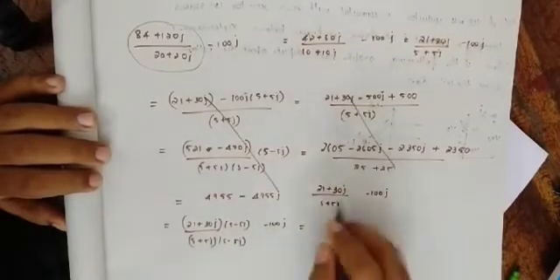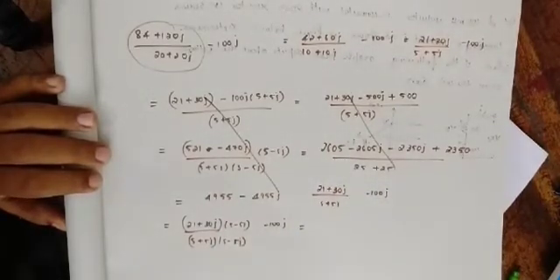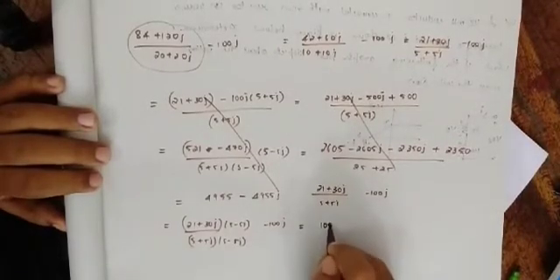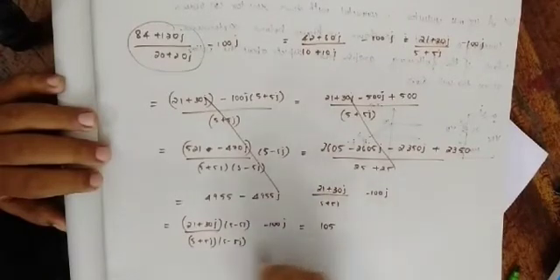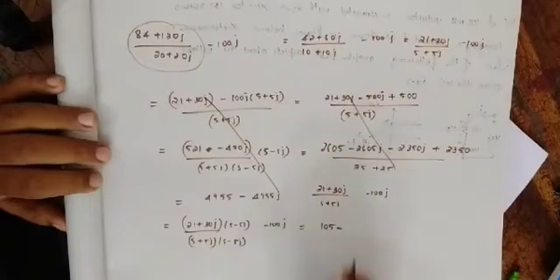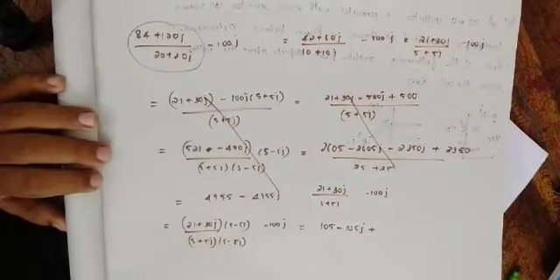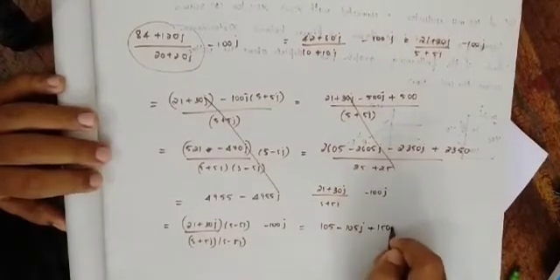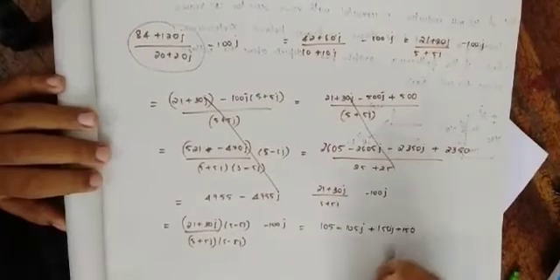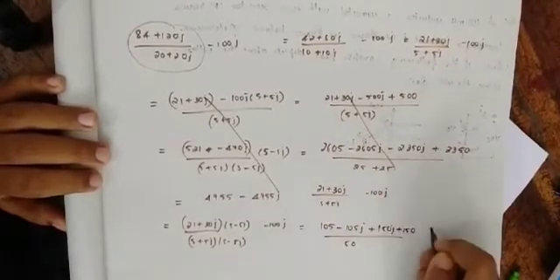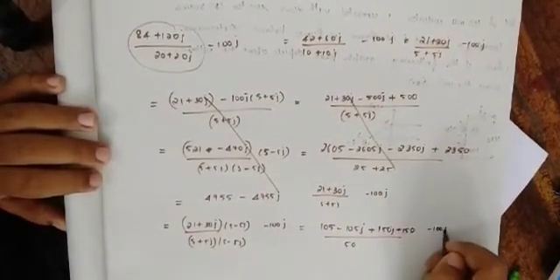I'll get equal to 105 minus 105j plus 150j plus 150, the whole divided by 50 minus 100j.